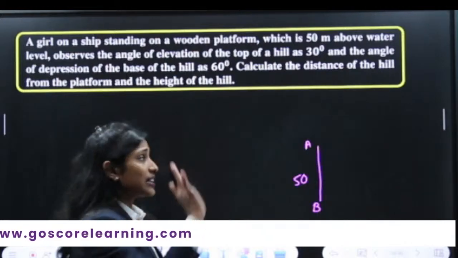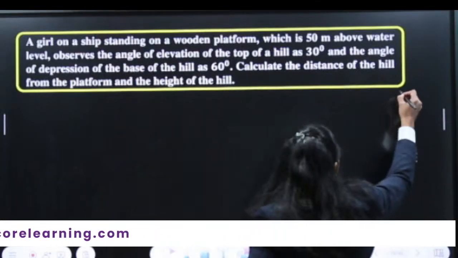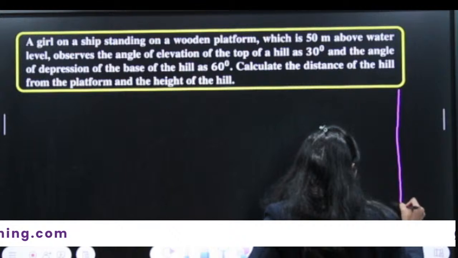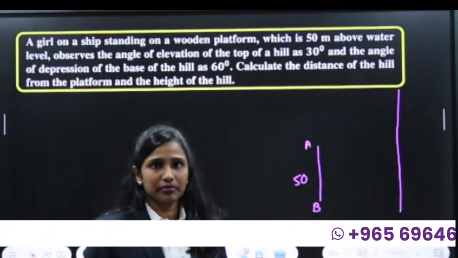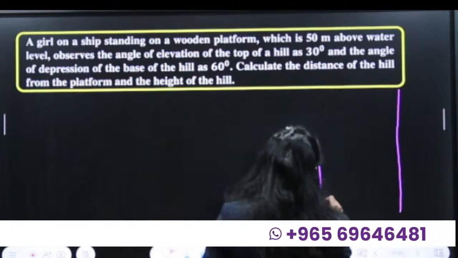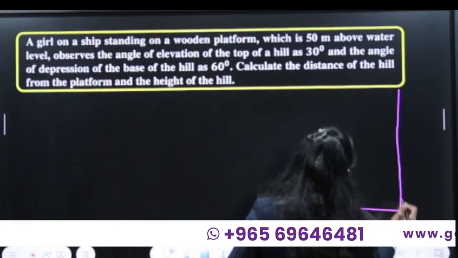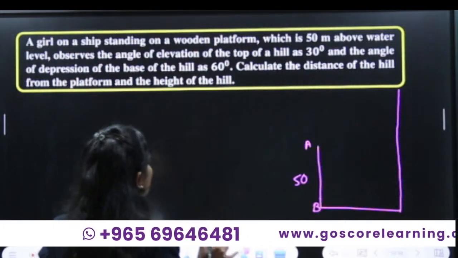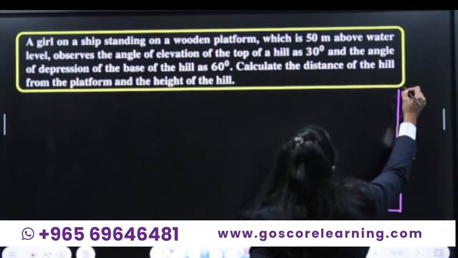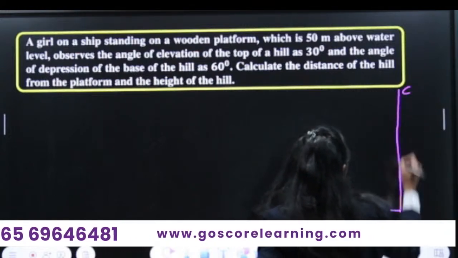That means the hill is higher than where the girl is standing. Okay, it is higher. Now angle of elevation is 30 degree. So we can connect this with AB and CD. CD is the hill.